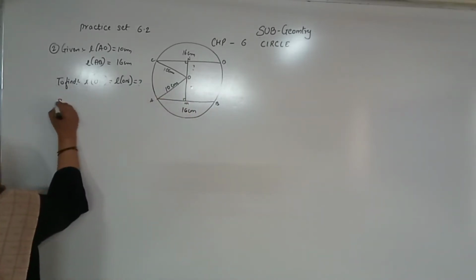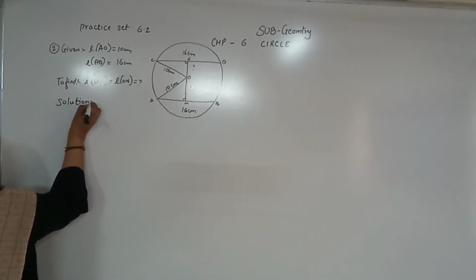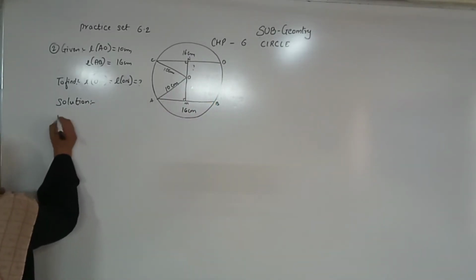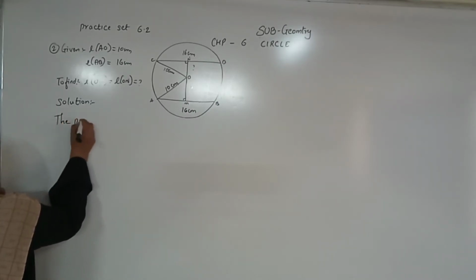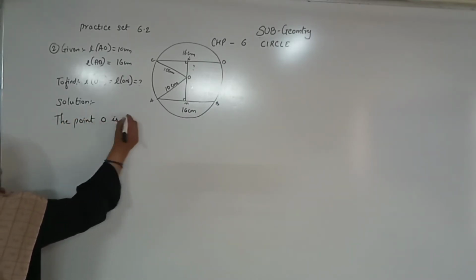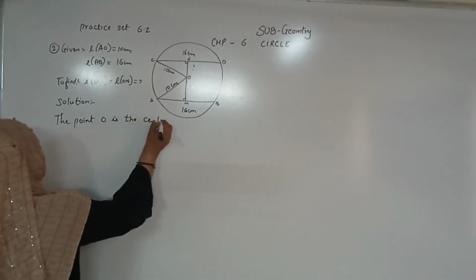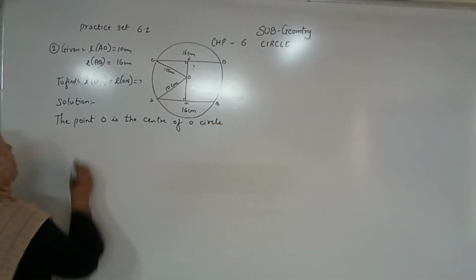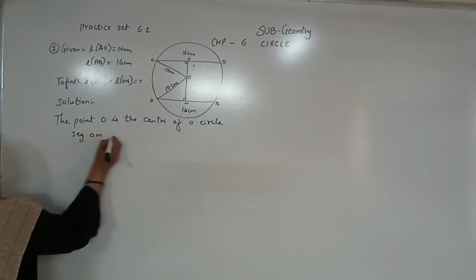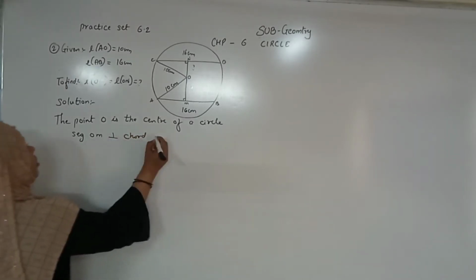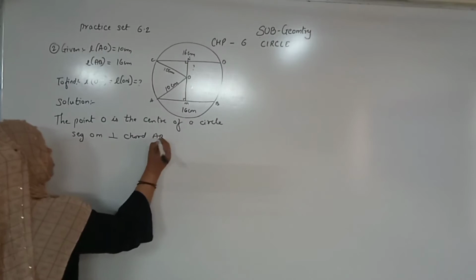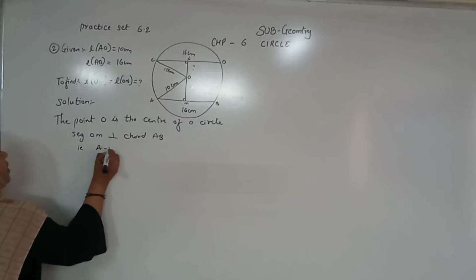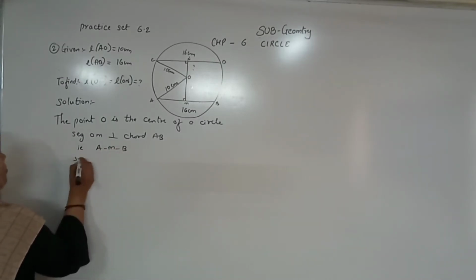Now, for finding this we will write the solution. We have taken O as the center of the circle, right? So we write: the point O is the center of the circle. Segment OM is perpendicular to chord AB, so A, M, B will be in one line.